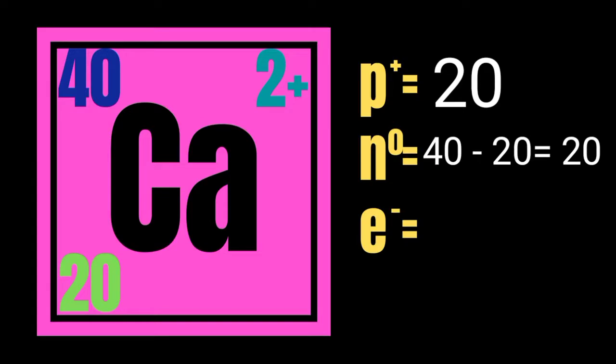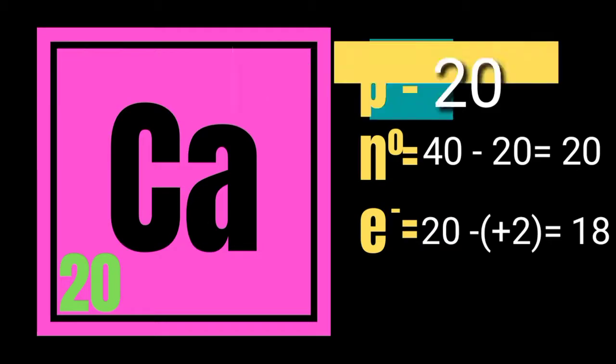How about the electrons? Electrons equal the atomic number minus the charge. In this case, we have a positive 2 charge. Therefore, 20 minus positive 2 equals 18.